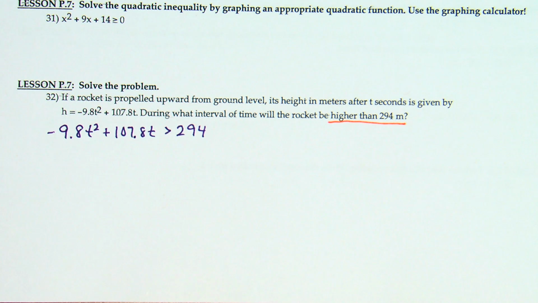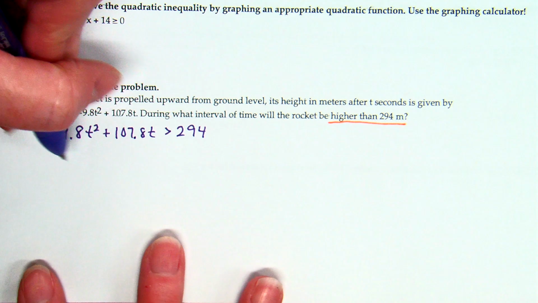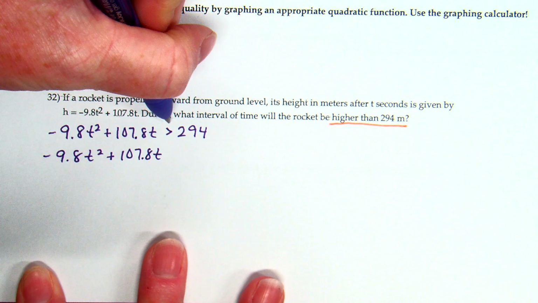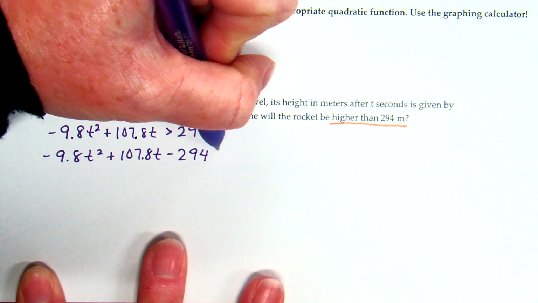If you'd rather divide first, that's fine. So, if we do the 0 first, negative 9.8 t squared plus 107.8 t, subtract over the 294, so minus 294 greater than 0. I just looked at the answer key, and I'm doing this in the opposite order, but that's all right.